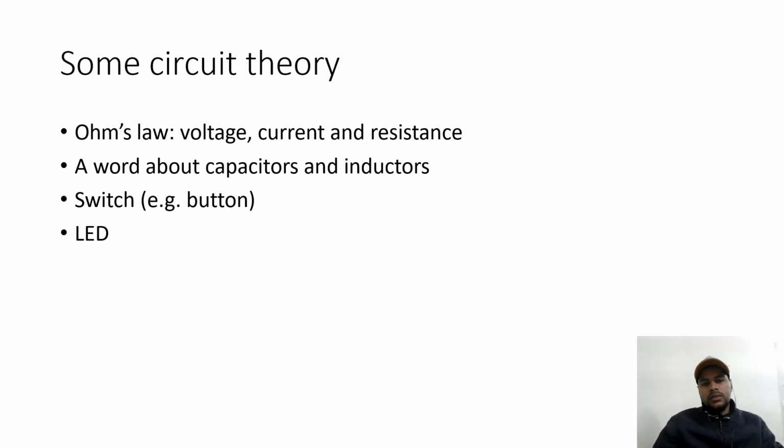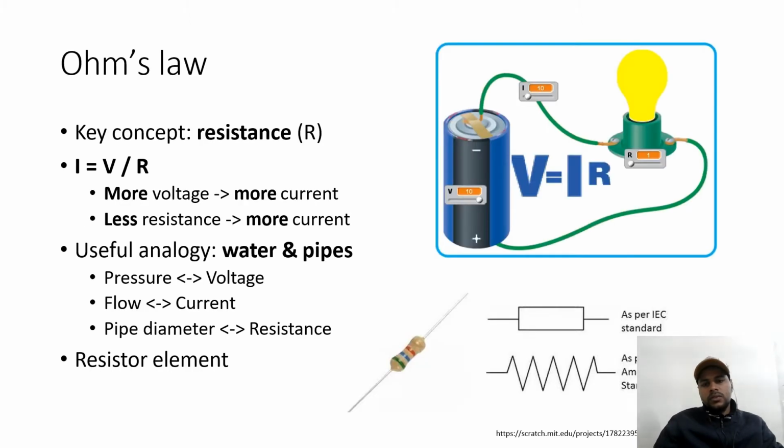What are capacitors, inductors, what is a switch, what is an LED, etc. So what is Ohm's law? Ohm's law is V equal to IR. R stands for resistance, I stands for current.